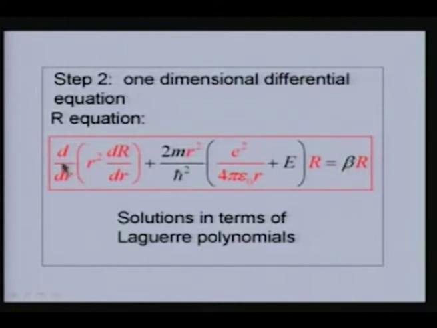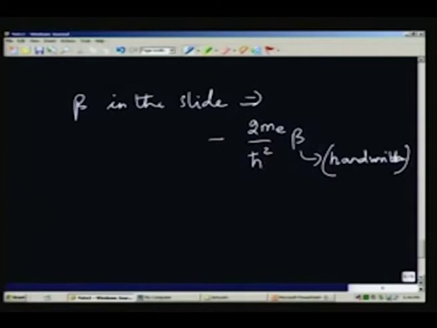So in the radial part, the minus h bar square by 2me has been multiplied out here, and this beta contains that with some sign changes. So the beta that you have here can be associated with what I wrote down a few minutes ago by this term, that is, you multiply the beta that I have written down with minus 2me by h bar square, then this is the constant that is there in the slide.